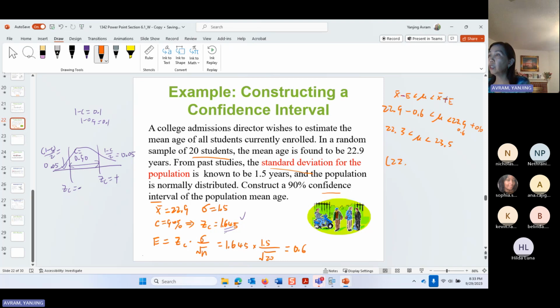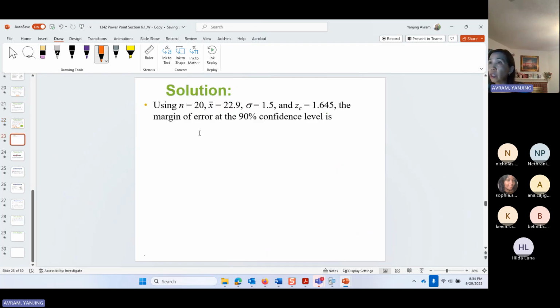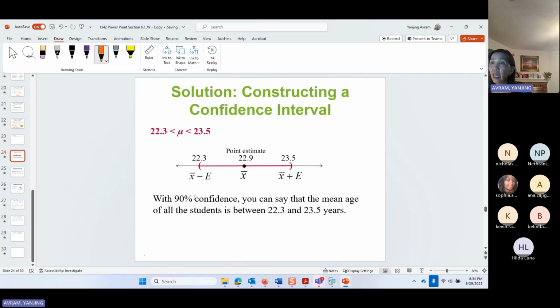So my interval is 22.3 to 23.5. That is my interval in this case. So what does that mean? That means we are 90% confident that the mean age of all the students at the university is between 22.3 and 23.5 years old.